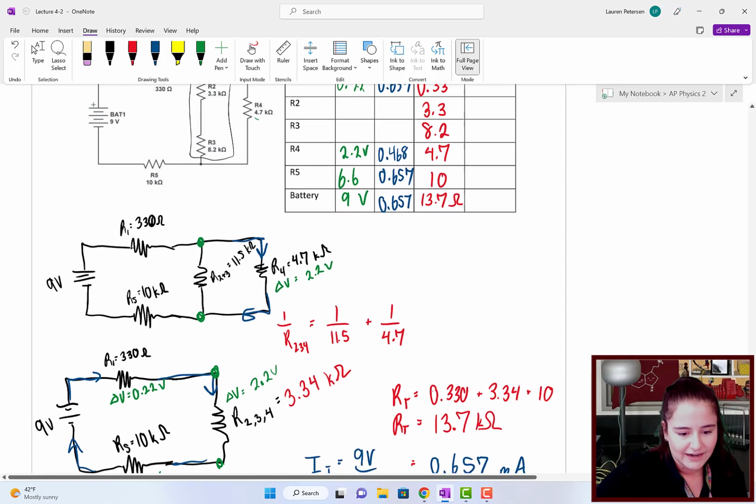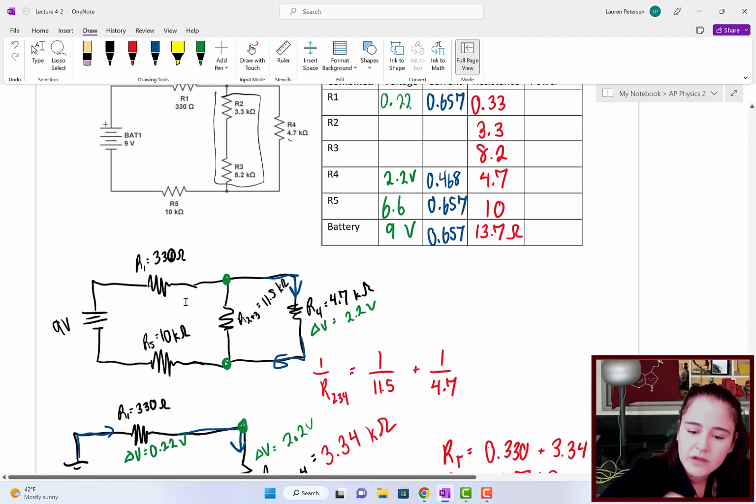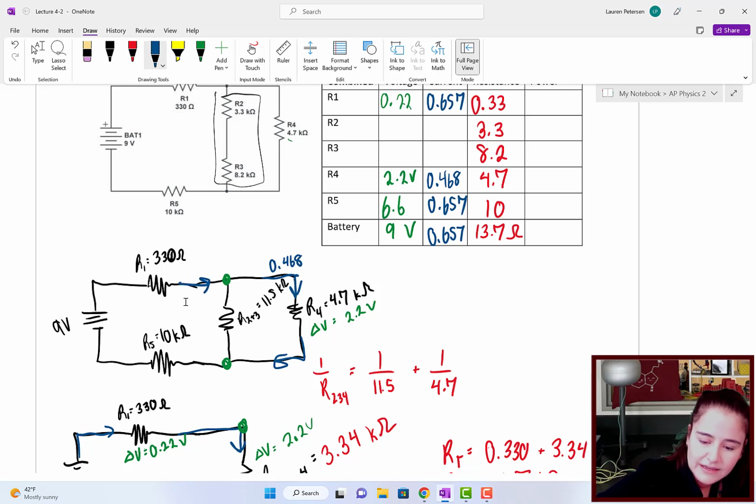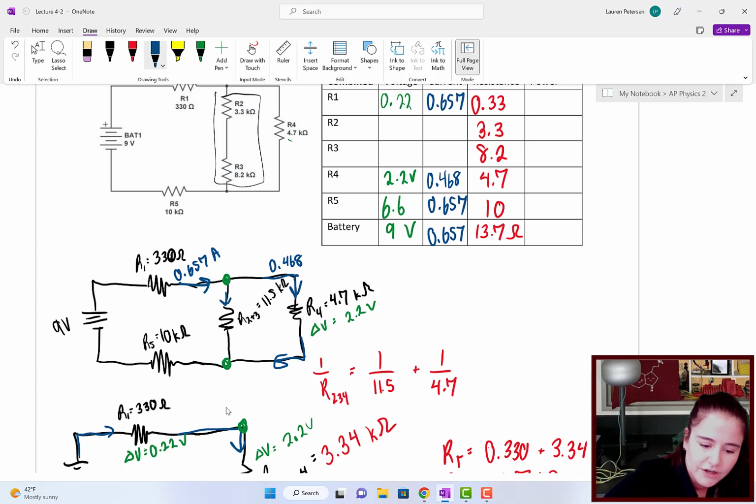Now, if we're looking at this circuit, the second one that we've created, we just calculated that we have 0.468 milliamps going that way, and we had already calculated that we had 0.657 milliamps there. So, junction rule, we know the current going in and the current coming out that way. We can find the current going down this path. The current going down that path will just be the difference in those currents.